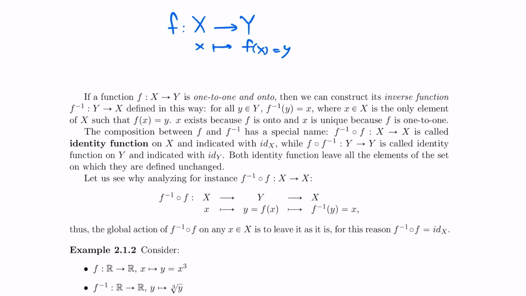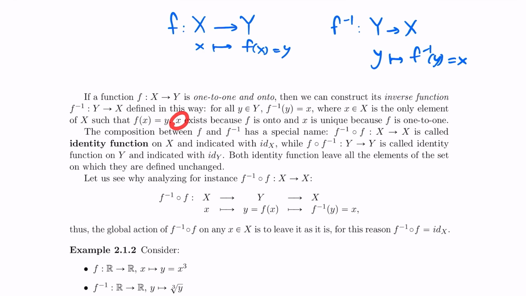If this is the case, then we can build the inverse of the function f, which is written with the symbol f minus 1, and f minus 1 reverses the order of the sets, and so it's defined over Y, and it takes values in X. Its definition is the following. Every element y is mapped to x, where x is the only element that is transformed by f into y.